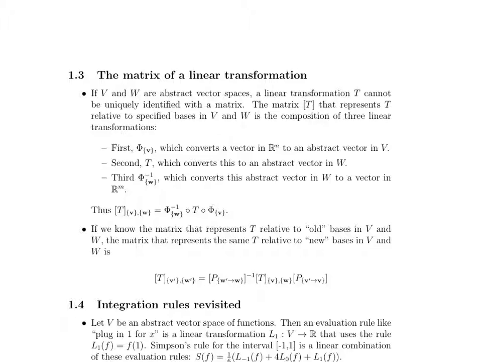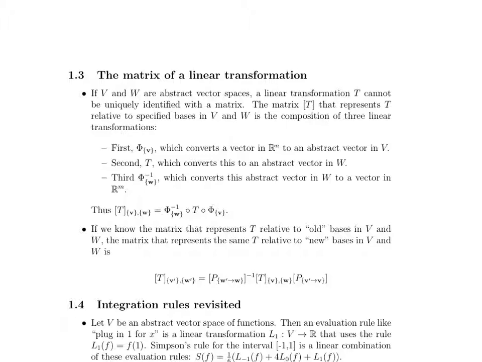And in fact, if you're able to figure out what the matrix representation of T is in terms of the old bases in V and W, then you can also figure out what the matrix representation of T is with respect to new bases for vector space V and vector space W. Note that vector space V is the vector space of the domain, and vector space W is the vector space of the image.